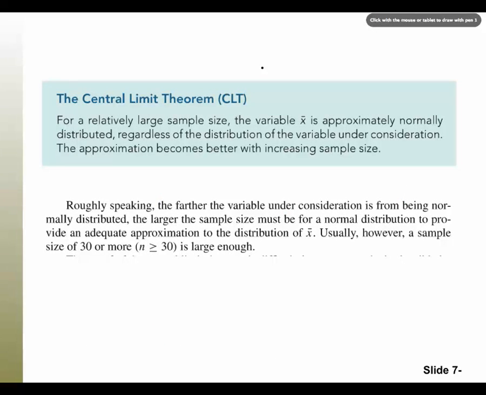Central limit theorem says that for a relatively large sample size, and the number is around 30, the variable sample mean is approximately normal, regardless of the distribution under consideration, regardless of what it starts off looking like, the population.